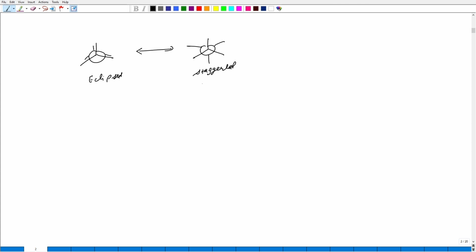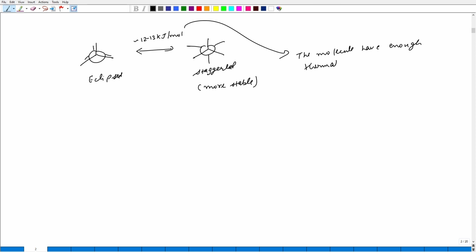Between eclipsed and staggered, we know staggered is more stable, but they only have an energy barrier of around 12 to 13 kilojoules per mole, and the molecule always has enough thermal energy to overcome this barrier.